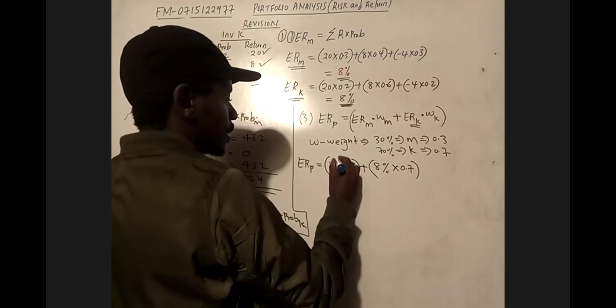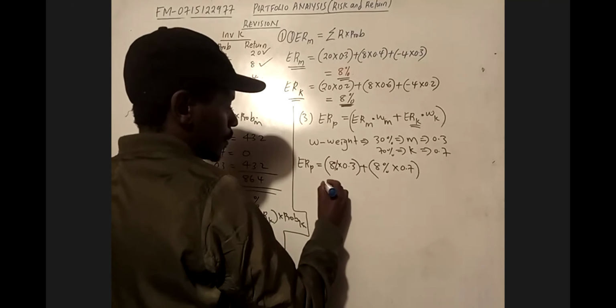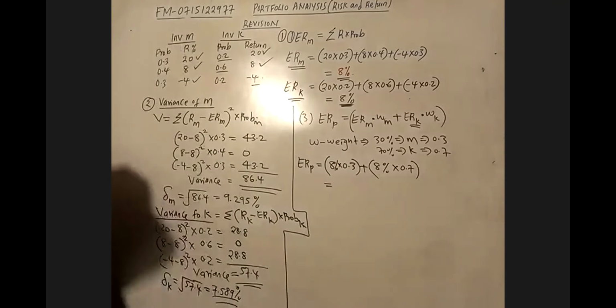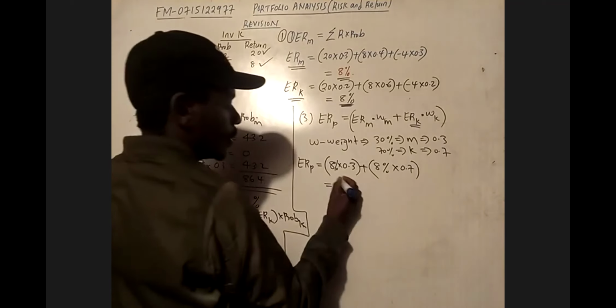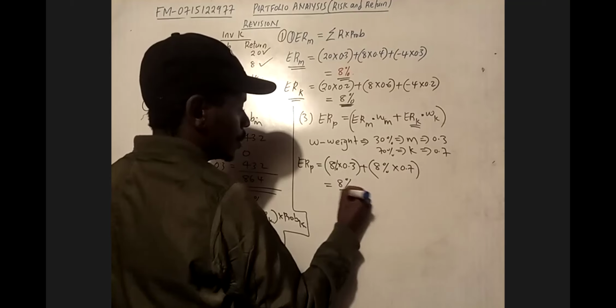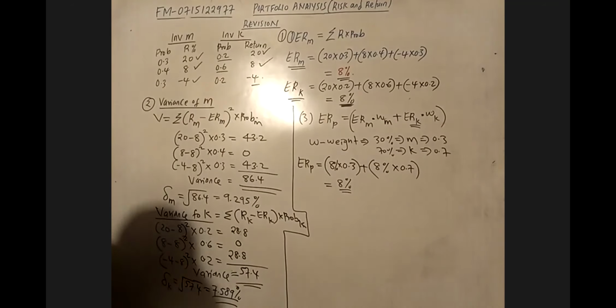So what would be the answer? 8% times 0.3 plus 8% times 0.7. So the answer is the same, 8%. So the expected return of the portfolio is the same.